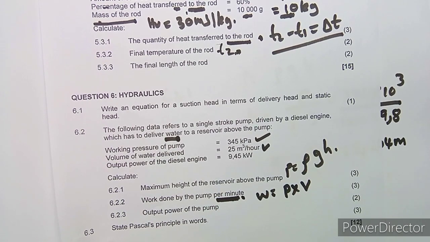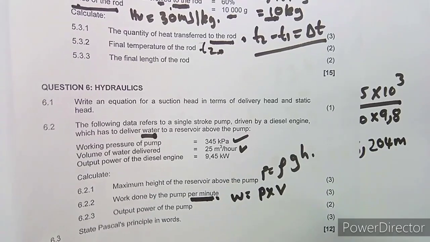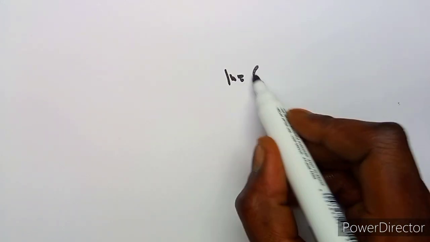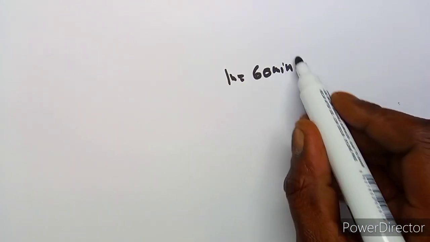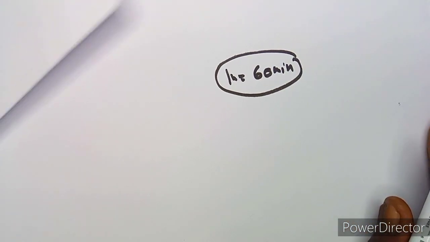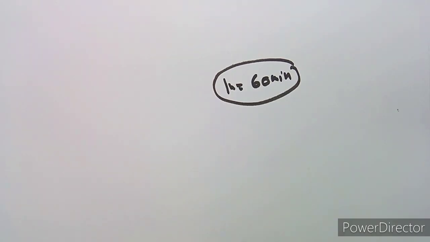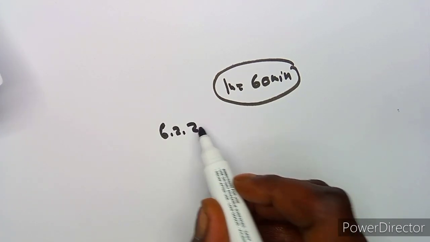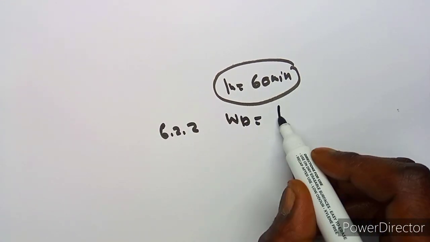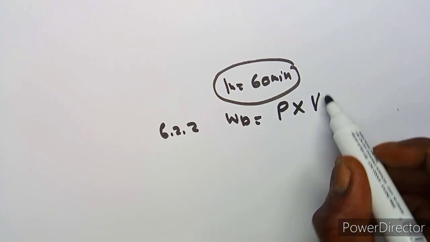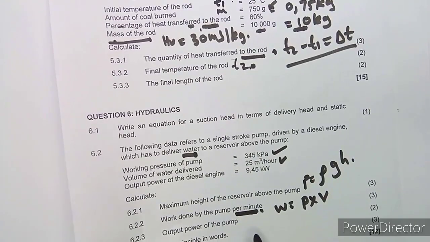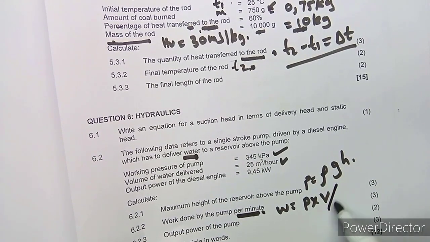In an hour we've got 60 minutes, so you're going to divide that volume to get volume per minute, because work done is equivalent to pressure times volume, but this one is going to be volume per minute, since they want our work done per minute.